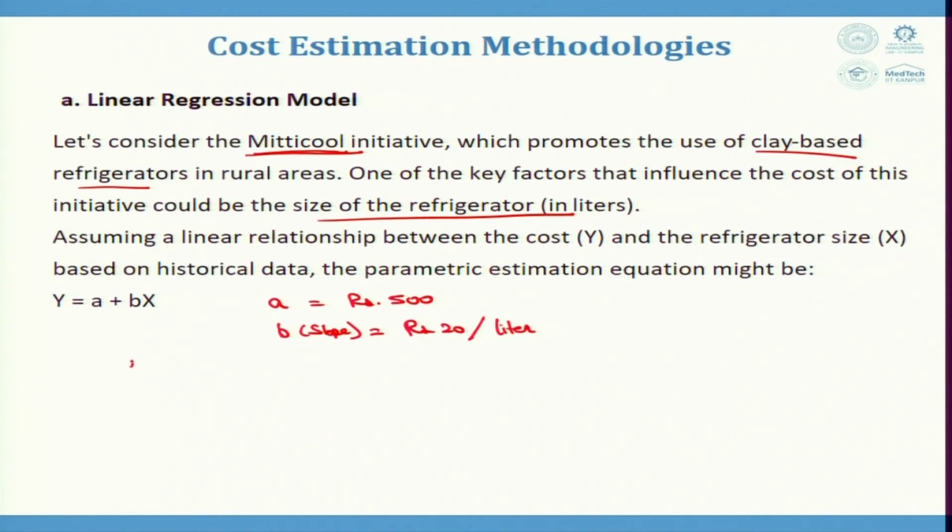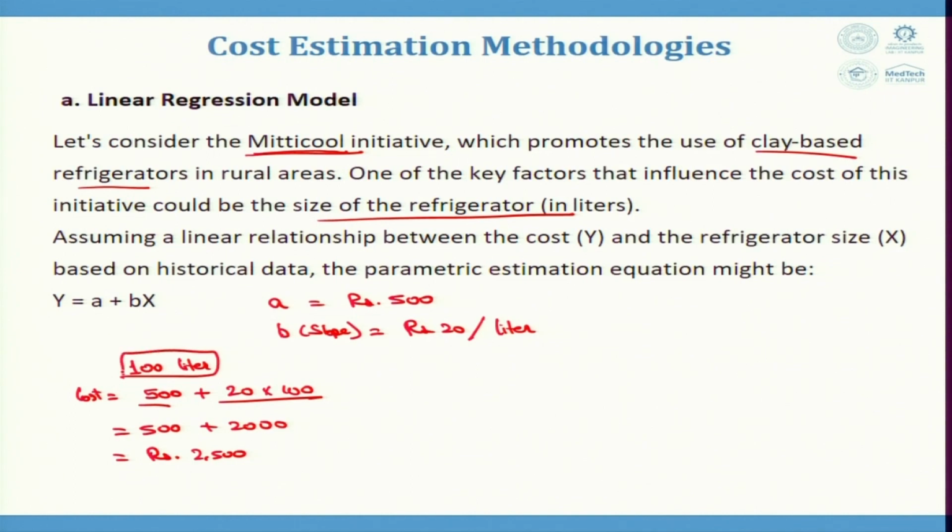Now, if a 100 liter capacity refrigerator is to be taken, the cost would be value a, that is 500, plus b into x, b is 20 into x is 100. So, this is equal to 500 plus 2000 is equal to rupees 2500. This is for a 100 liter capacity refrigerator.